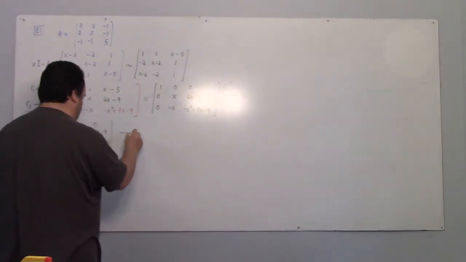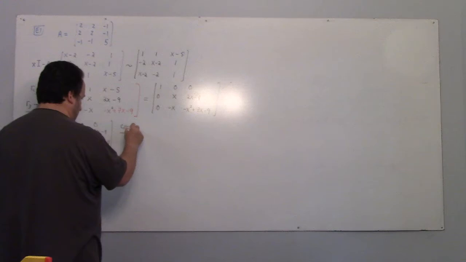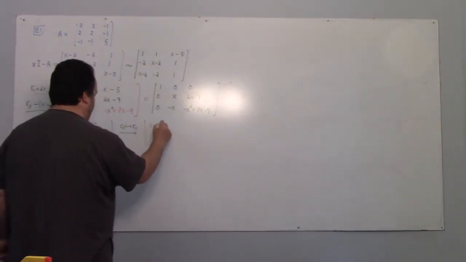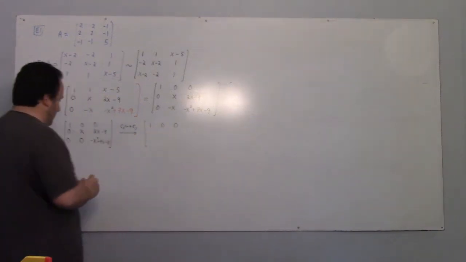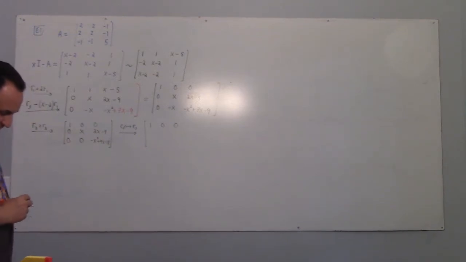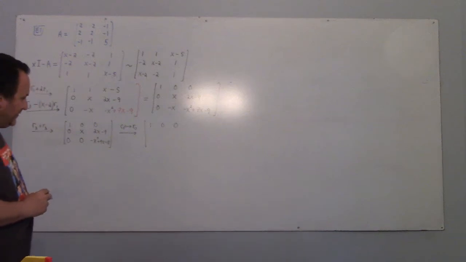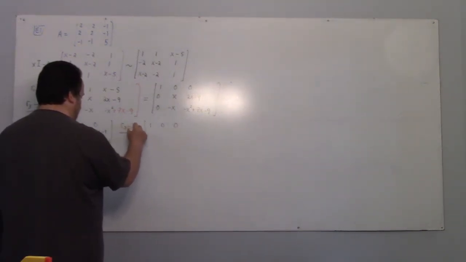So what I then did was to swap columns 2 and 3. Wait a minute, no, I didn't get that. I subtracted twice column 2 from column 3. Column 3 minus twice column 2, right? Yeah.